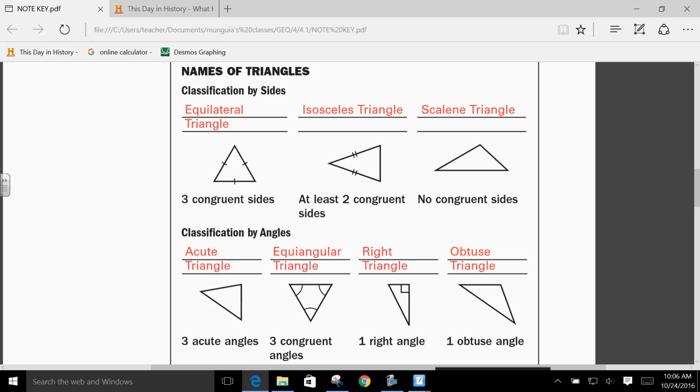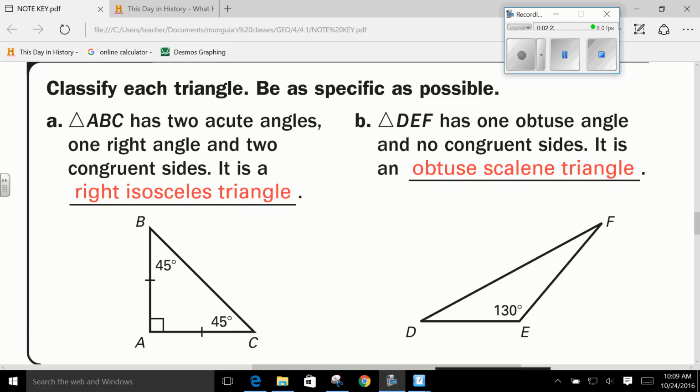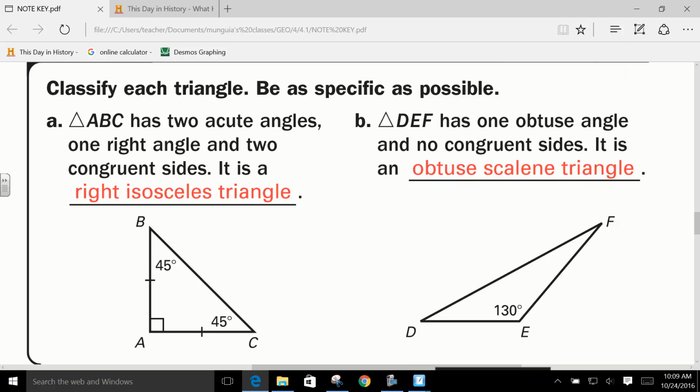Well, when I say classifying, we're categorizing triangles. So go to fill in the blanks in your note guide, page 2. So one name is according to its sides, and one is according to its angles.